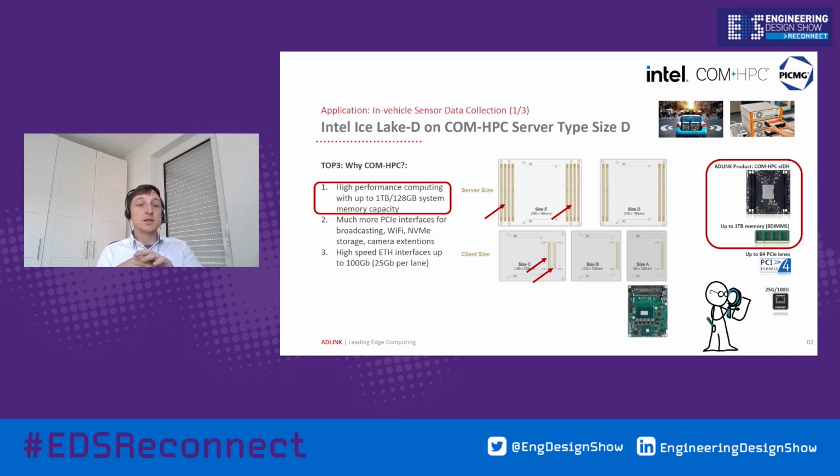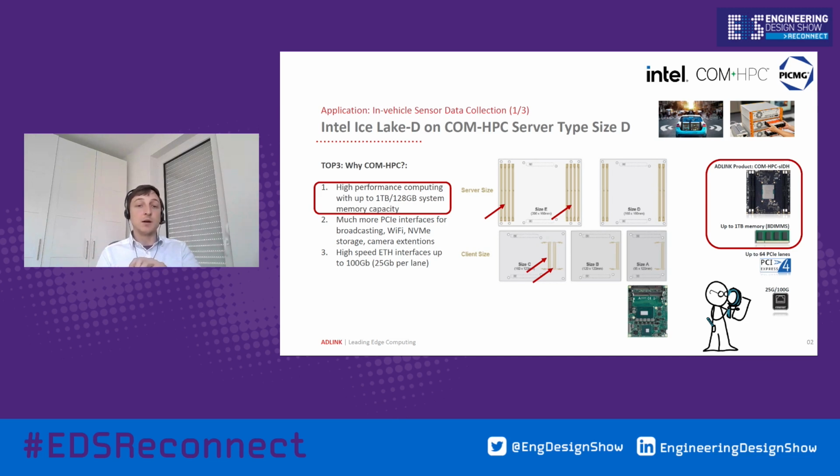What you can see here is that the server type comes in 2 predefined footprints. Size E, which is capable of hosting up to 8 DIMMs, which equals 1 terabyte using LR DIMMs, and size D, a kind of sub-standard, which can host up to 4 DIMMs, which equals 512 gigabytes, again using LR DIMMs.